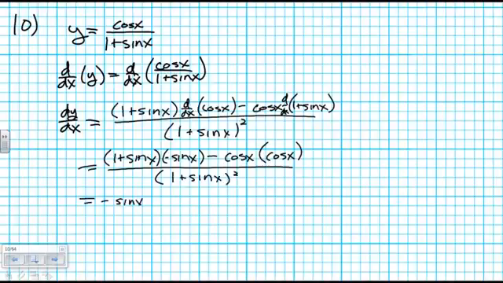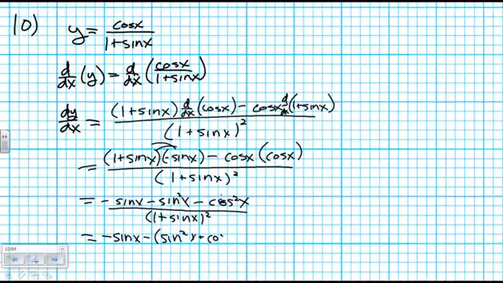Cleaning that up, negative sine, distributing these two, so negative sine minus sine squared minus cosine squared all over (1 plus sine x) squared. Let's take a negative 1 out of these two terms, and I get sine squared x plus cosine squared x all over (1 plus sine x) squared.